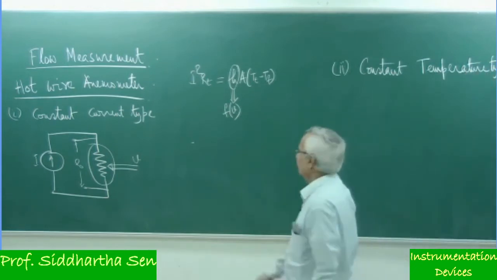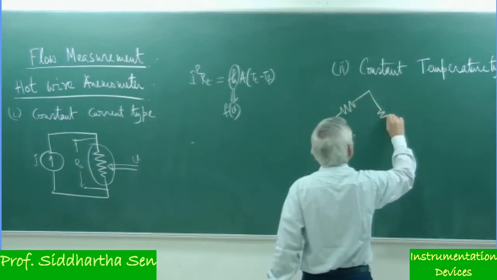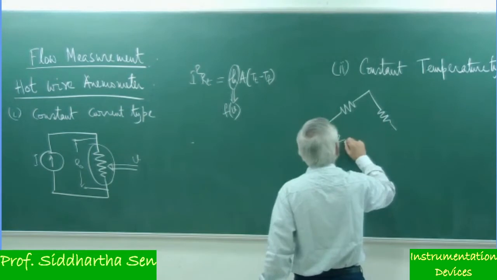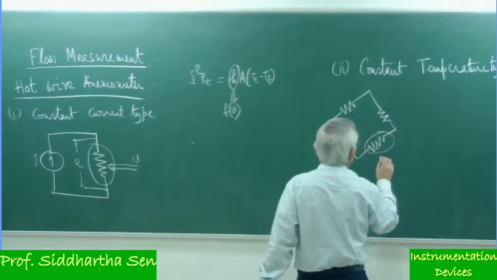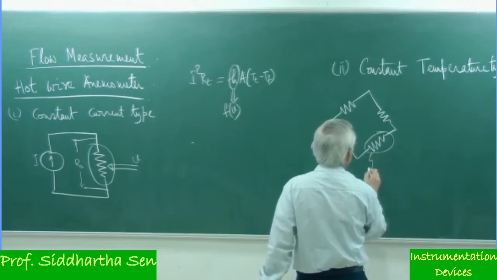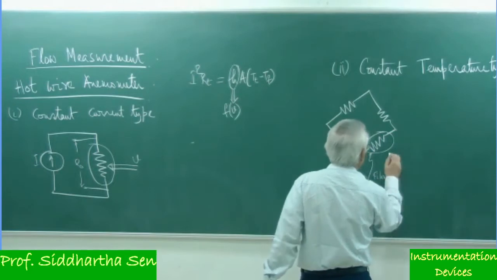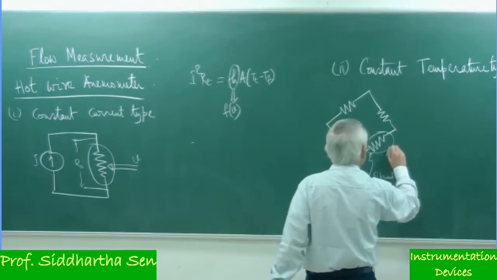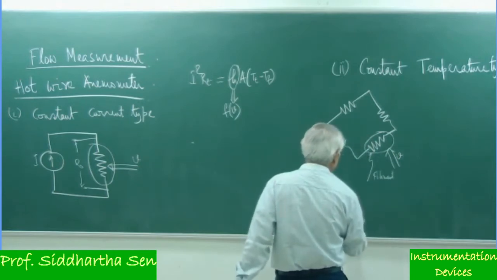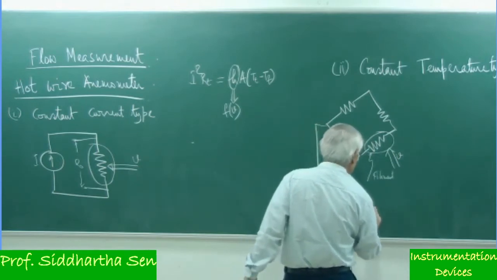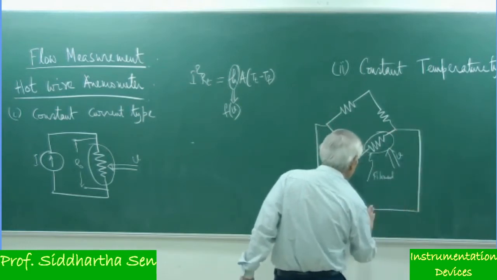What is it? Let us consider this is our sensor, that is the filament, and it is exposed to the velocity V. I can put some resistance also there.